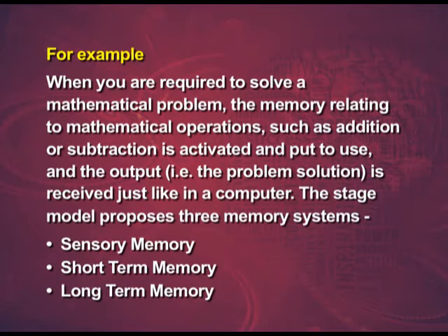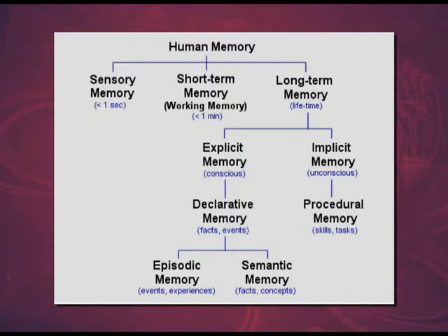Sensory memory. The incoming information first enters the sensory memory. Sensory memory has a large capacity, but it is of a very short duration, that is less than 1 second. It registers information from each of the senses with reasonable accuracy as an exact replica of the stimulus.